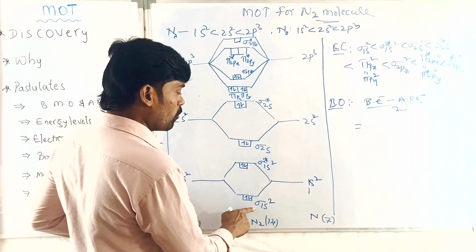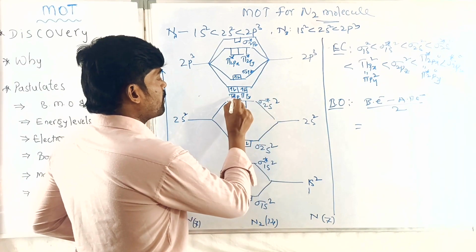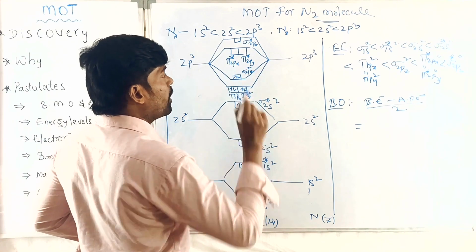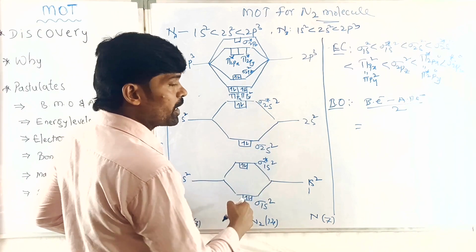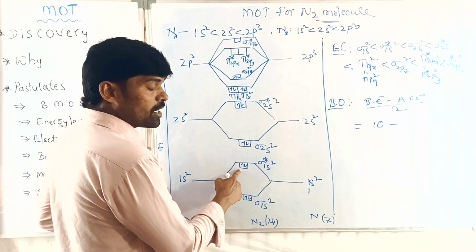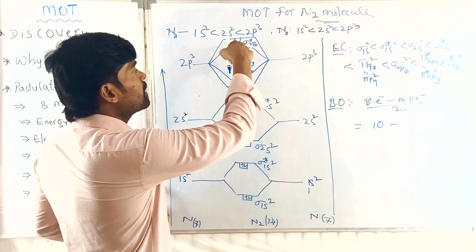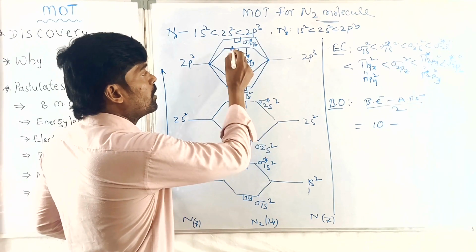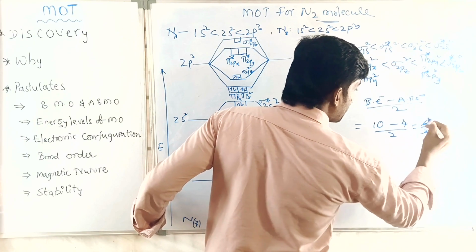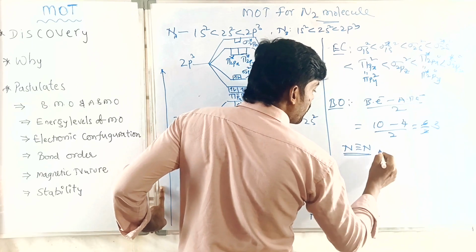Sigma 1s2 is bonding, sigma 2s2 bonding, pi 2px and pi 2py bonding, sigma 2pz also bonding. So 5 bonding orbitals, 5 into 2, 10 electrons. In anti-bonding, sigma star 1s2, sigma star 2s2, and no electrons are present in the p orbital anti-bonding level, so 4 electrons. 10 minus 4 is 6, divided by 2 is 3. This means that between the nitrogen atoms, a triple bond is present.